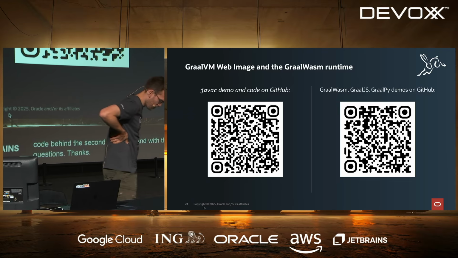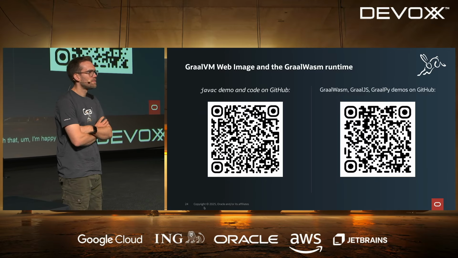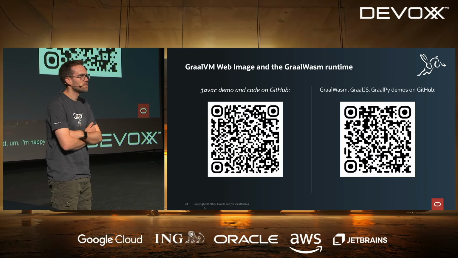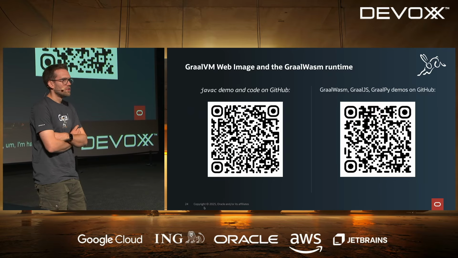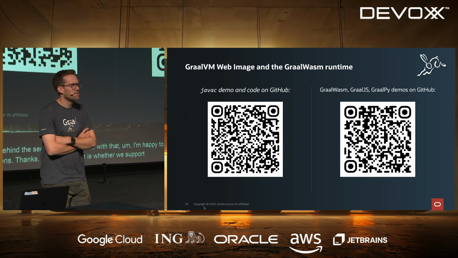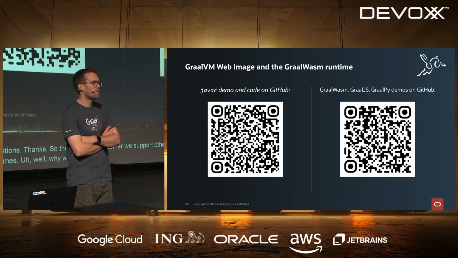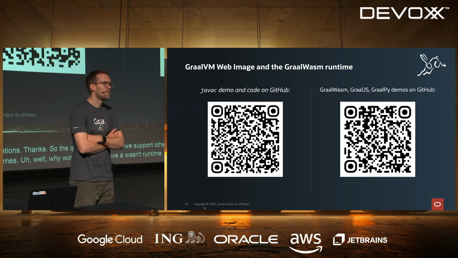Do you plan to support standalone Wasm runtimes? So the question is whether we support other Wasm runtimes. At least plan to. Well, why would we? We have a Wasm runtime. Yes, but I mean when you are compiling to Wasm.